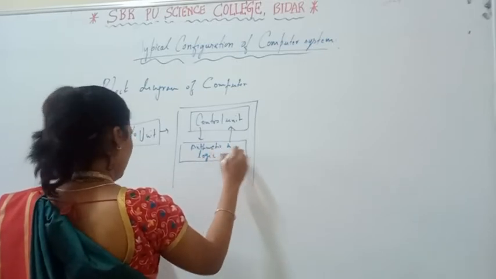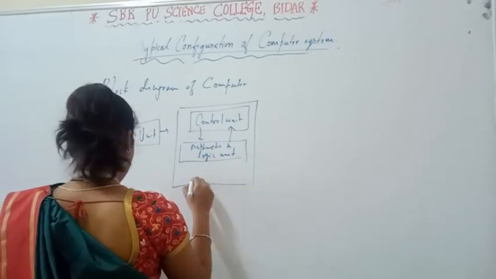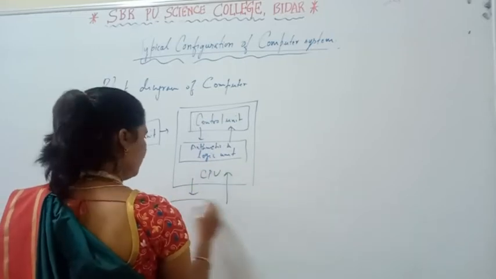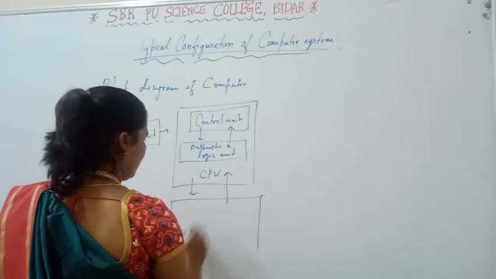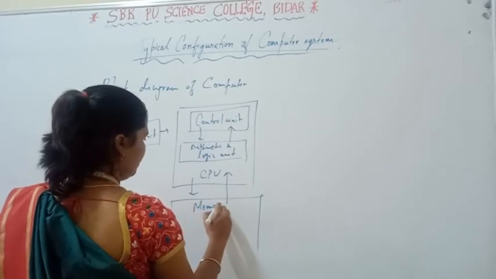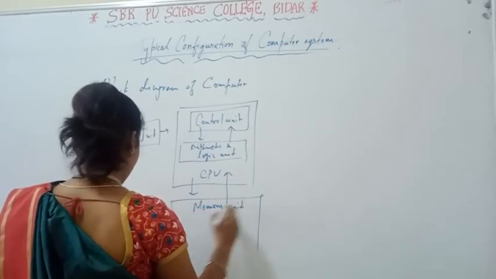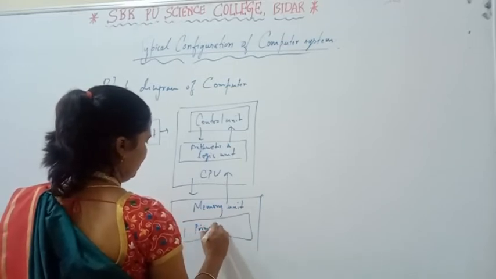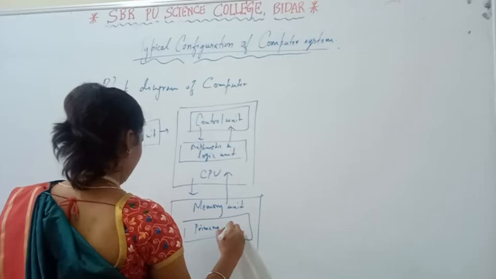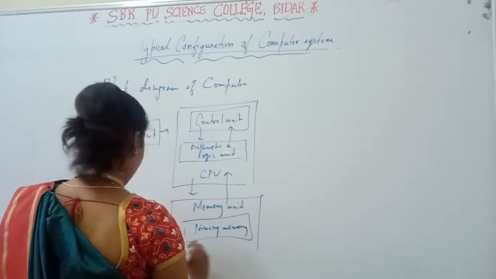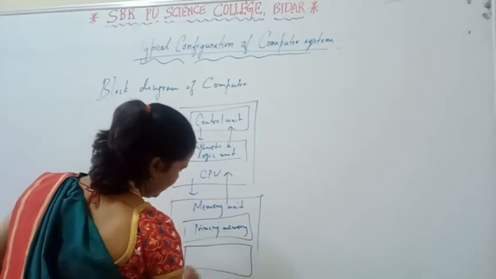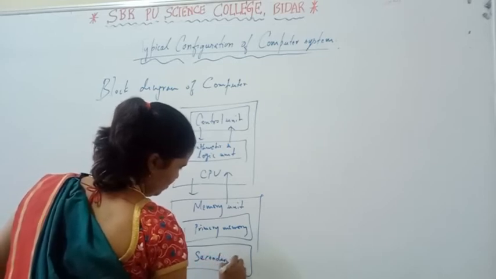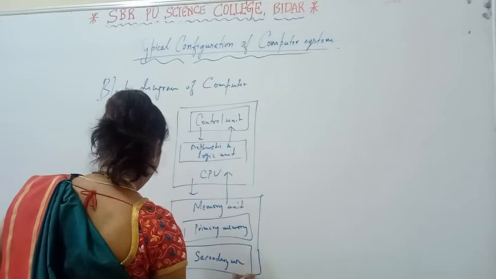This is the CPU, memory unit, primary memory, and this is secondary memory.